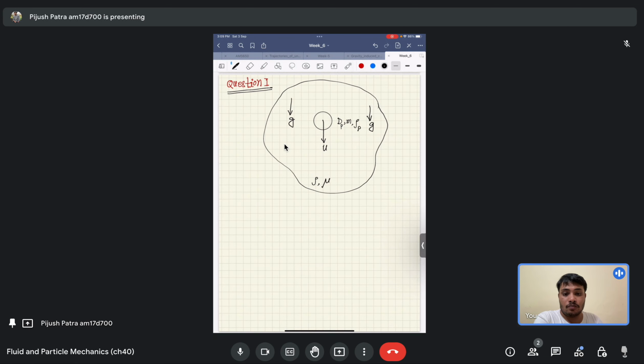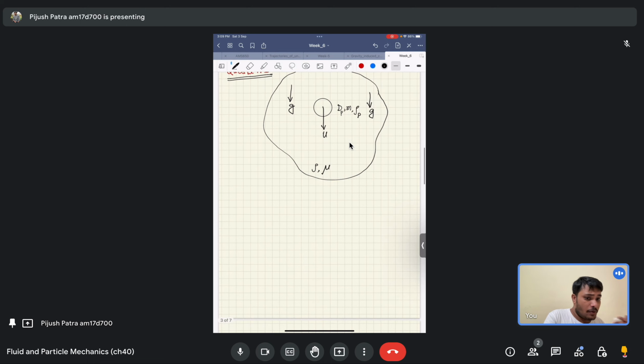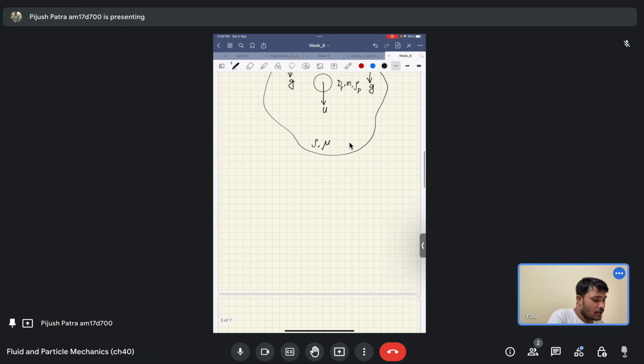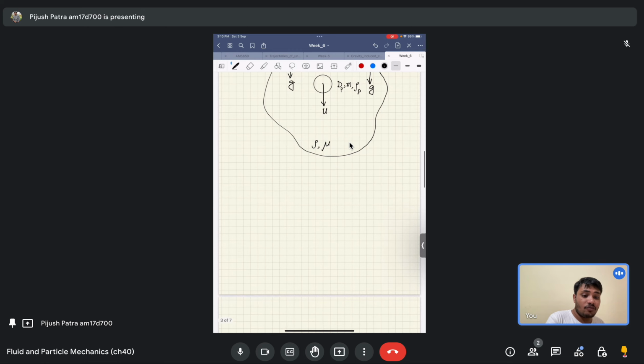So this is how it looks. Before going into the details of the problem, let me see what the different forces acting on the particle are. I will draw the free body diagram of the particle.